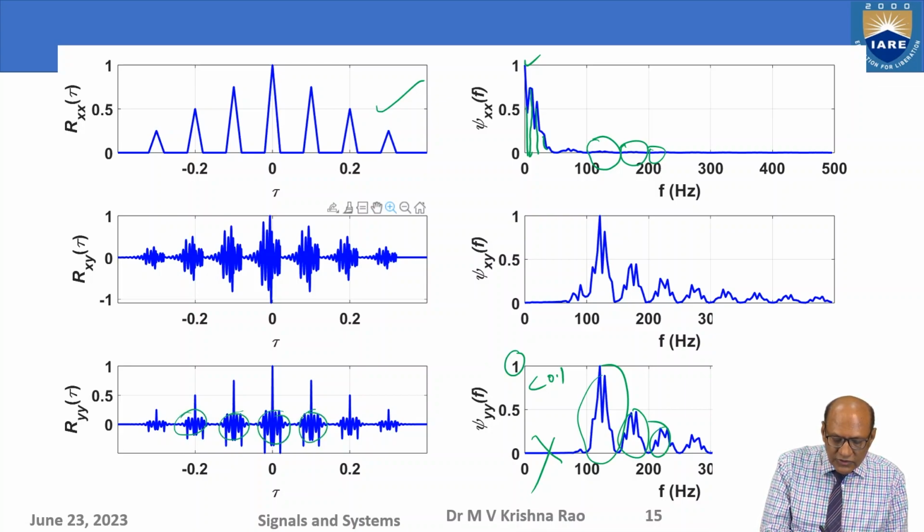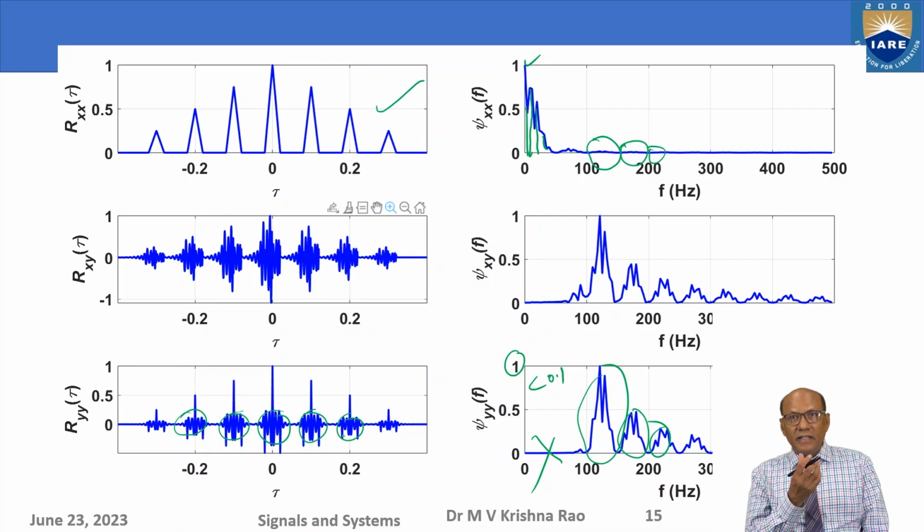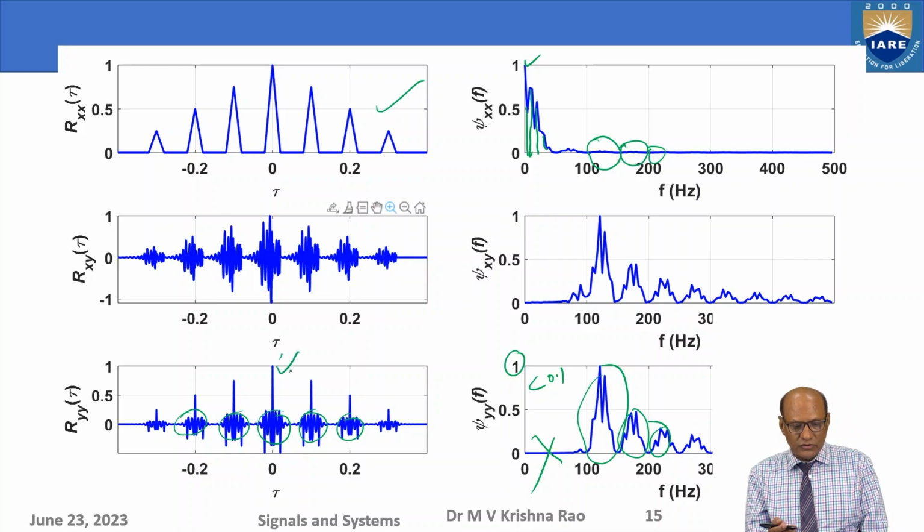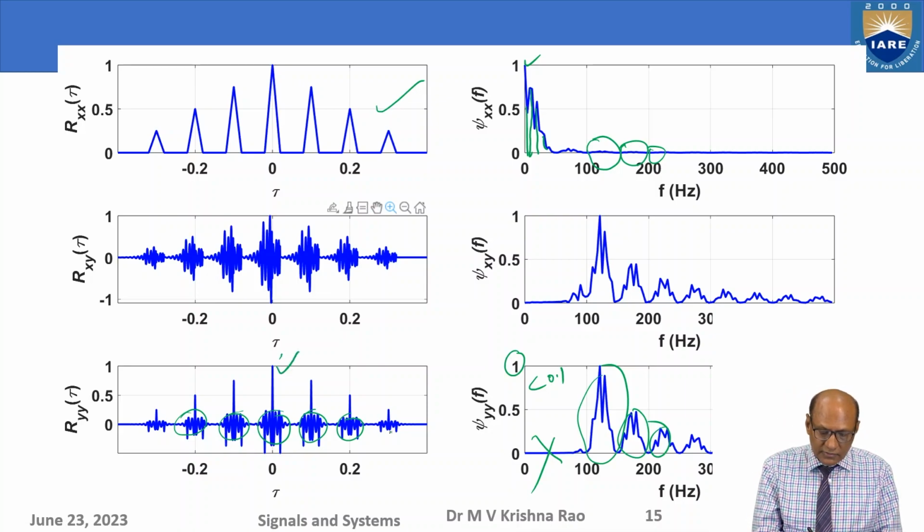The autocorrelation function is also periodic, and it contains bunches. And of course R naught, at tau equal to 0, will be high as usual. Others are there.